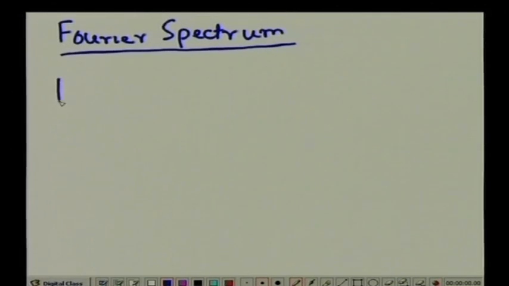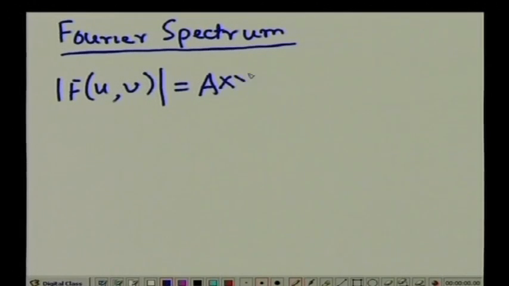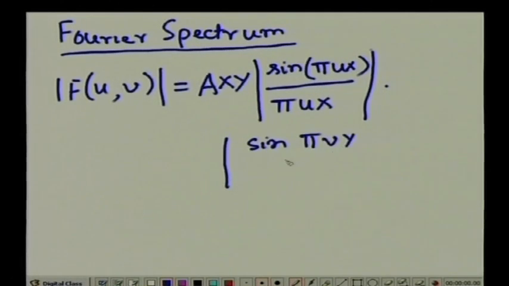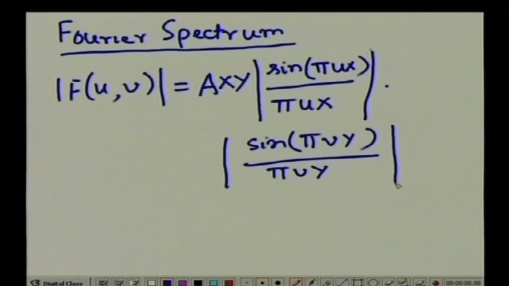The Fourier spectrum, that is modulus of F(u,v), will be given by A capital X capital Y into sin pi u X upon pi u X into sin pi v Y upon pi v Y. So, this is the Fourier spectrum of the Fourier transformation that we have got.